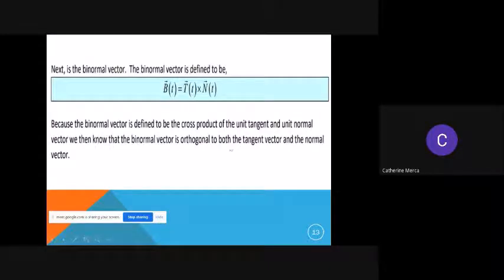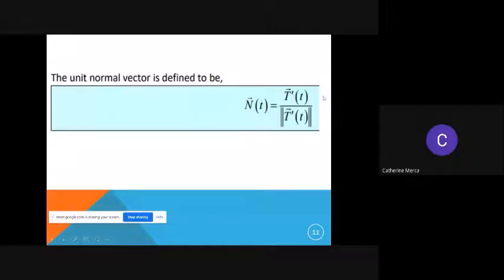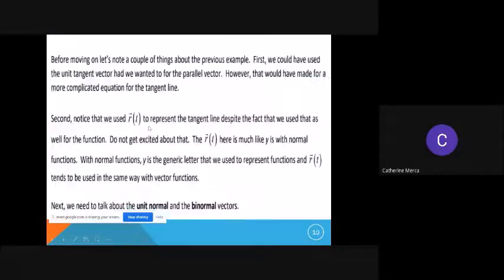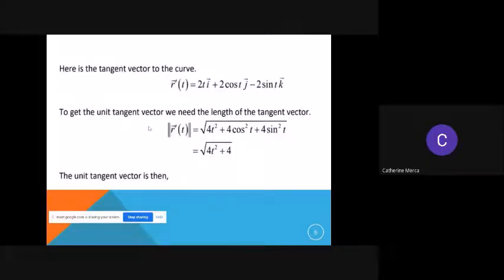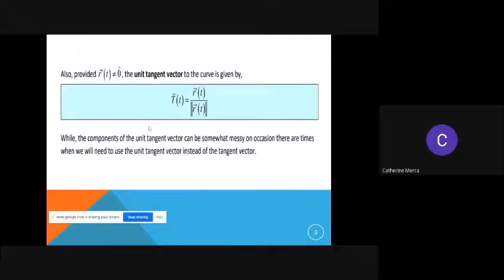Ito, tingnan natin ulit para makita ninyo. Ayan, no? Normal is t prime of t over magnitude of t prime of t. Ito ang tangent. Yan. R prime of t all over magnitude r prime of t.